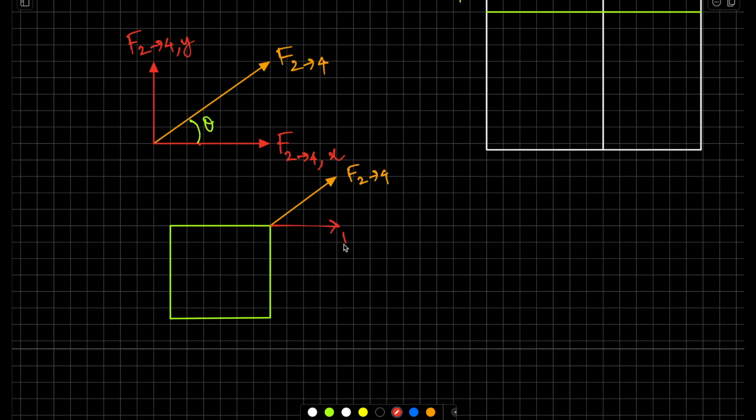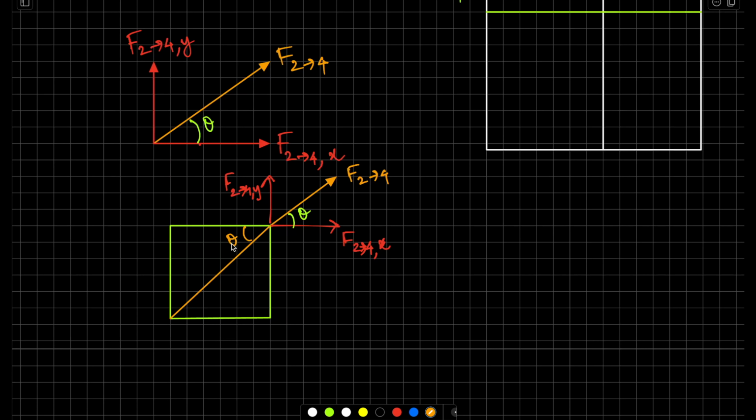This is the x component, F2 on 4 x, and this is my y component, F2 on 4 y. All right, we are going to find this angle. I'm going to draw a diagonal for this square.